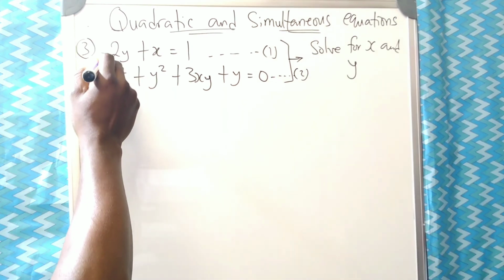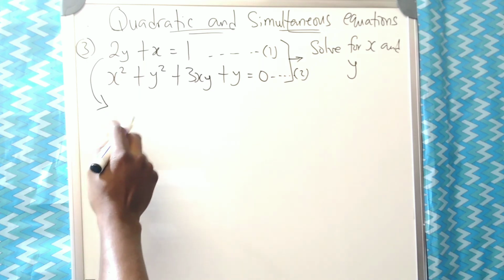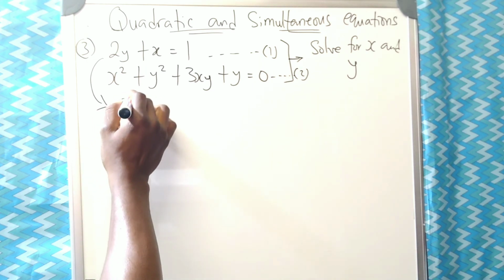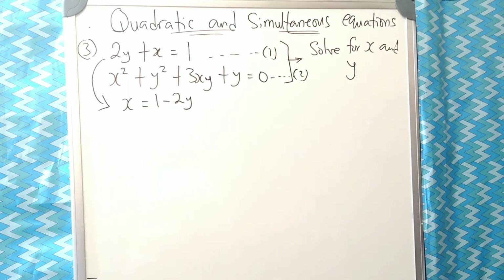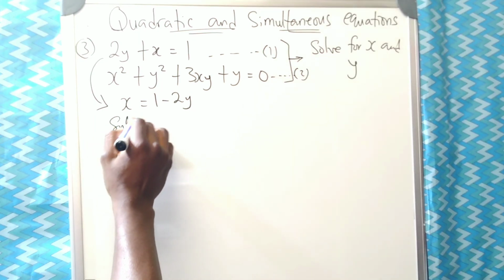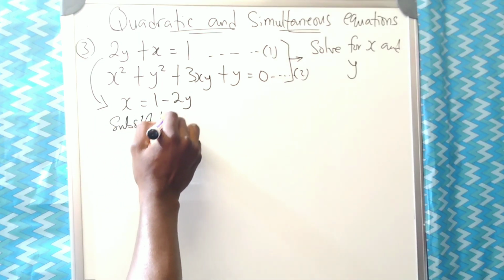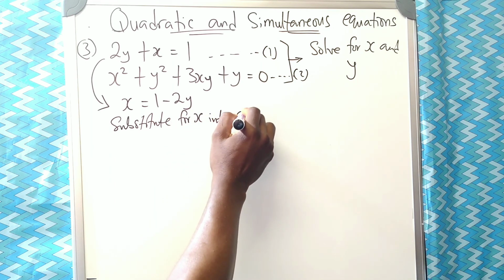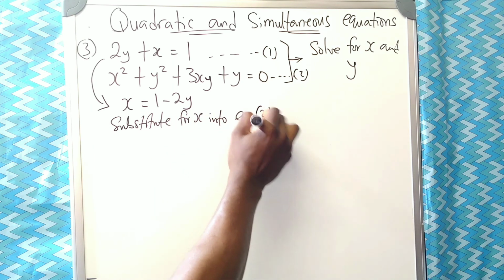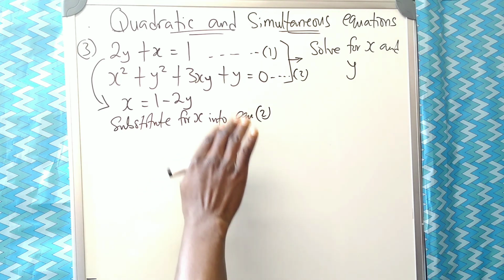Because from equation 1, we can define what x is. Definitely x is going to be 1 minus 2y. Very simple. Then we can substitute for x into equation 2.